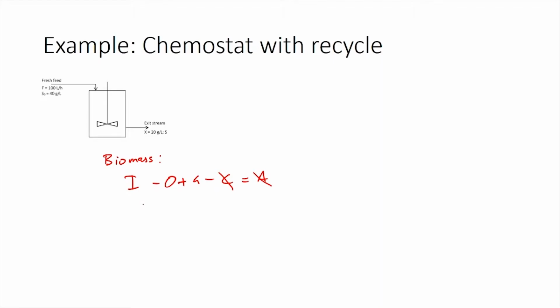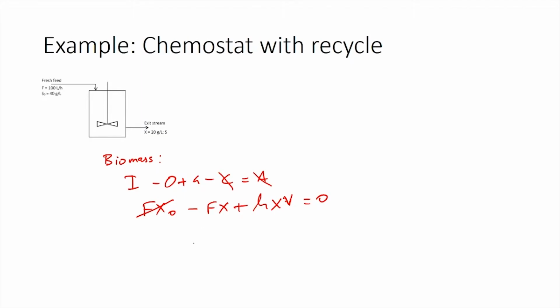So, input term would be Fx naught, which goes to 0 because x naught is 0 in the sterile feed. You have Fx as your output, and generation, if you remember, is given as mu x v, where mu is the specific growth rate, x is the biomass concentration in the exit stream, thereby the biomass concentration inside the reactor also, v is the volume of the reactor, this equals 0.